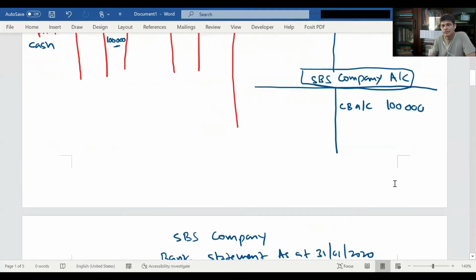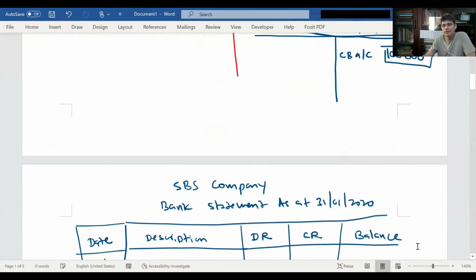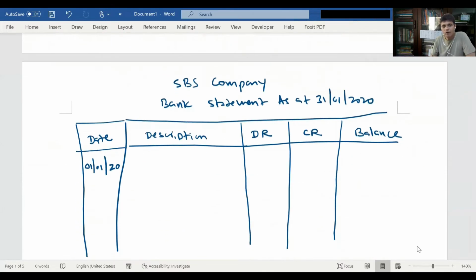Since this amount was credited, this is credit, right? This is on the credit side, no? This is the debit side. So when the commercial bank receives the amount, they will say deposits. On the credit side, 100,000, the balance is 100,000. Okay, so you will receive this statement.